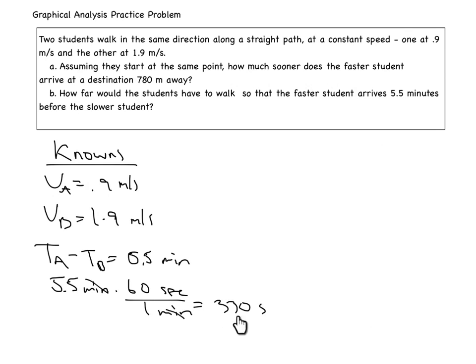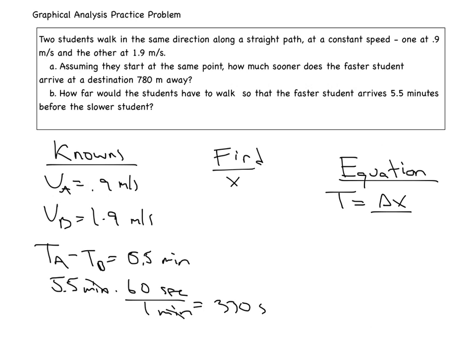So this is the key number. Now what are we trying to find? We're trying to find x, the distance. And we know from our equations from earlier that the time is equal to delta x over v. And we want to find tA minus tB.